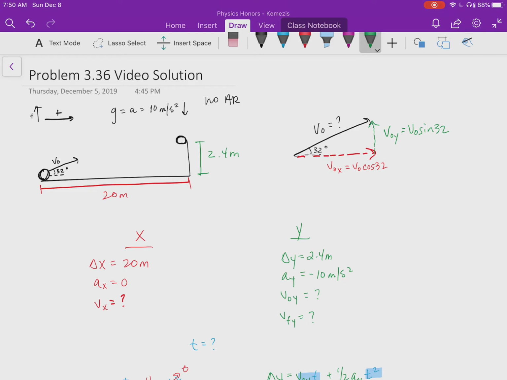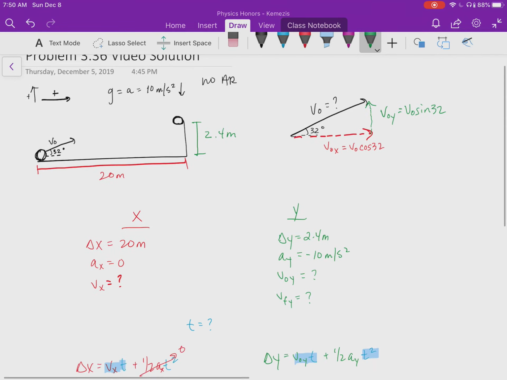So write as much as you can in what you know in your components, because now instead of having a question mark here for v naught x, we can actually write a little bit more. We know that it's v naught cosine 32, and we know v naught y is going to be v naught sine 32.